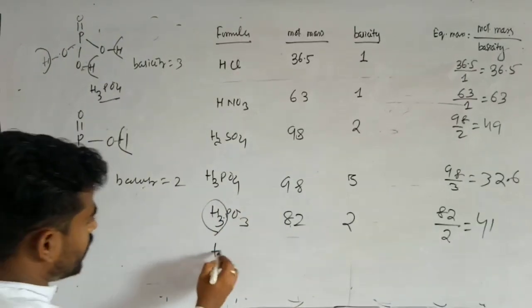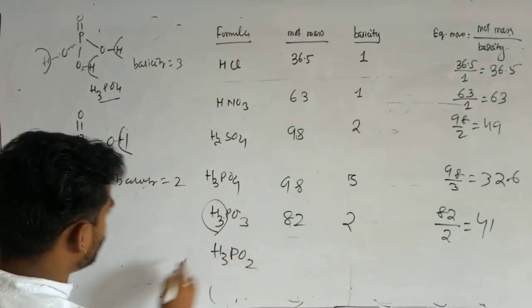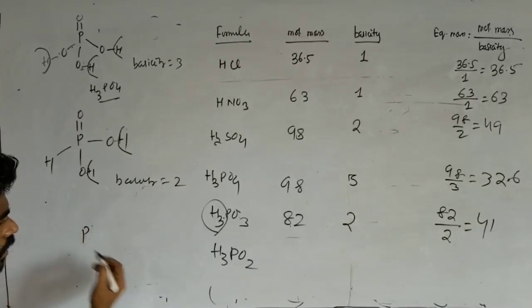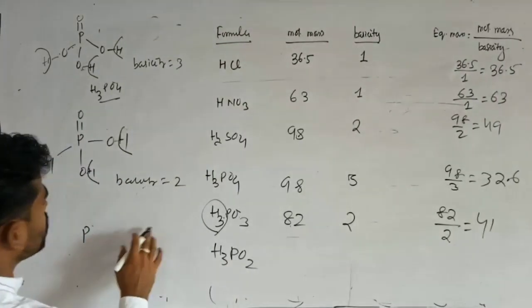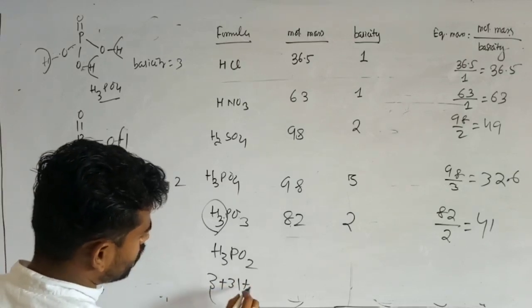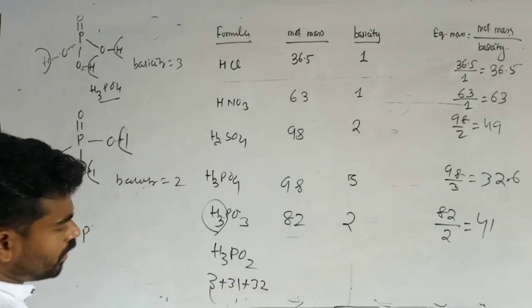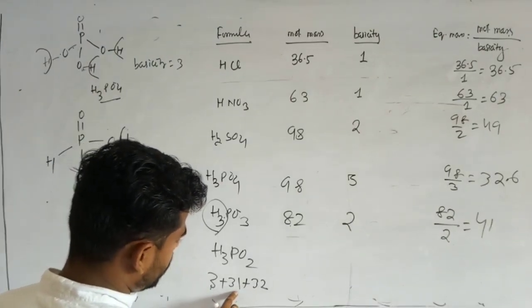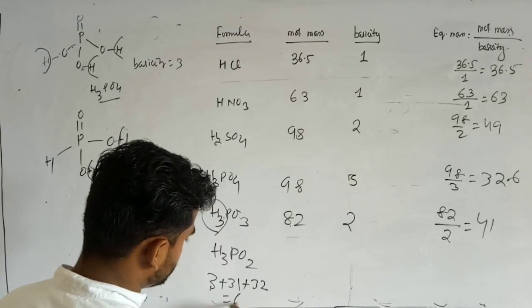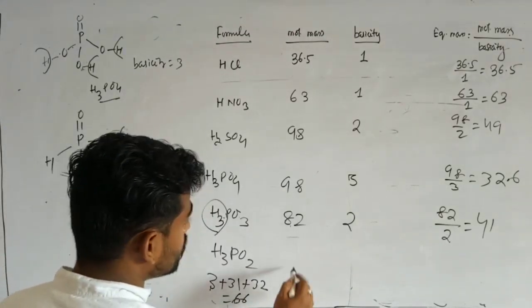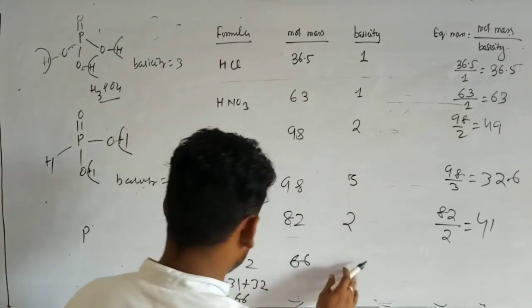Next is H3PO2. The structure will be like this. The molecular weight: 3 plus 31 plus 32, that will be 66.